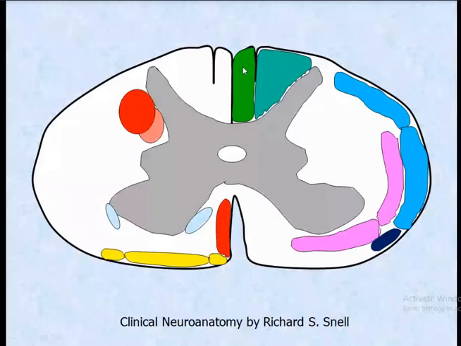Fasciculus cuneatus or fasciculus gracilis? Yes, this is fasciculus gracilis, which lies medial to cuneatus. Together they comprise the dorsal column pathway.